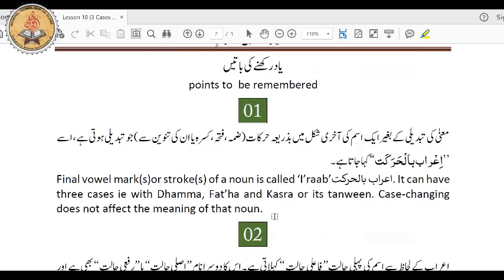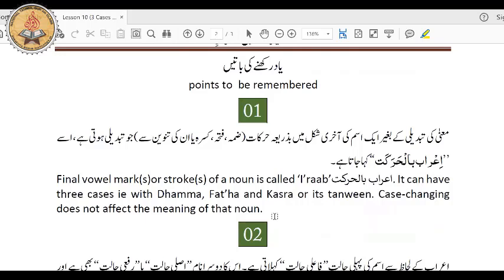This is a new idea, a new concept. I'rab bil harakat means that the identical stroke, one stroke or two, or any harakat at the end of a word is called i'rab.